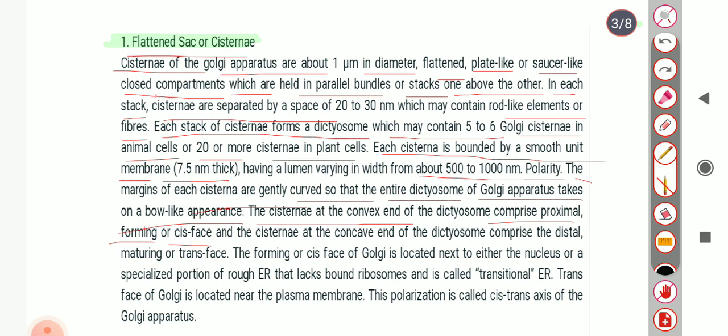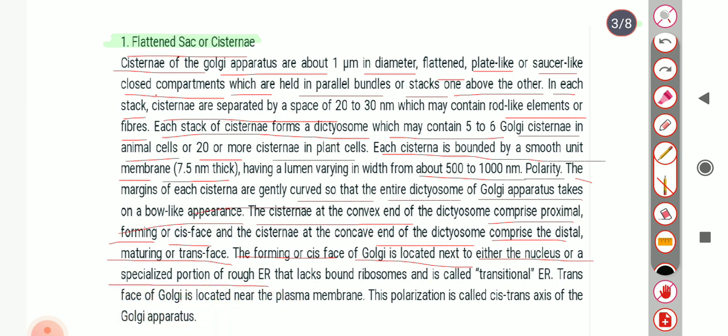Convex end of the cisterna is also called cis face, and the cisternae at the concave end of the dictyosome comprise the distal maturing trans face. Trans face of the Golgi apparatus is also called maturing face.